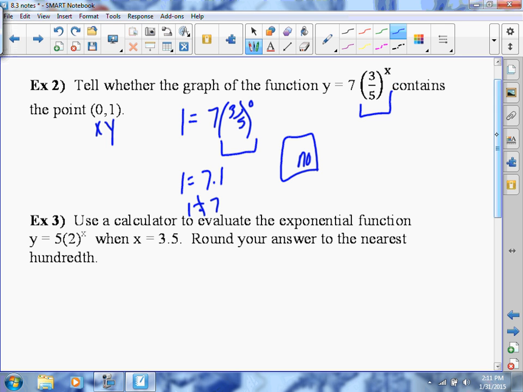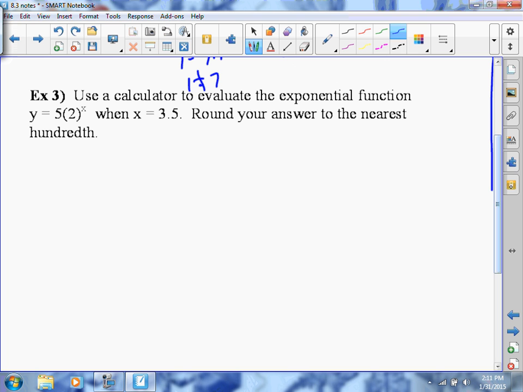And then number 3 here says to use a calculator to evaluate this expression. This is just to make sure that you can put these functions into your calculator. So we're going to substitute the 3.5 for the x. Now again, remember your order of operations here. You have to do that exponent first, then you can multiply.